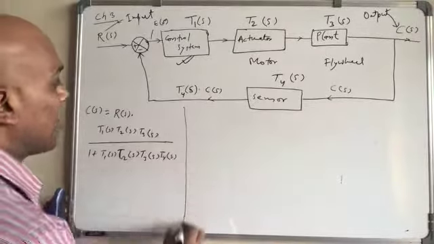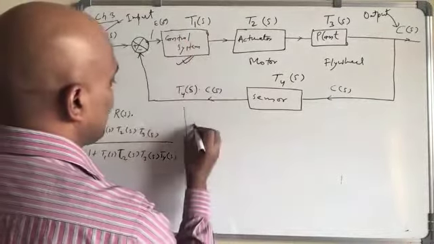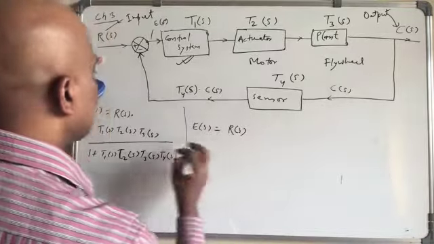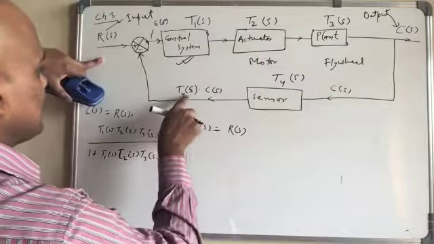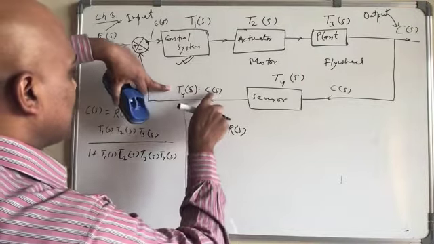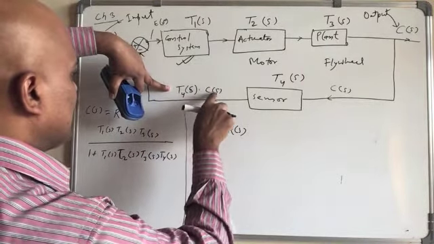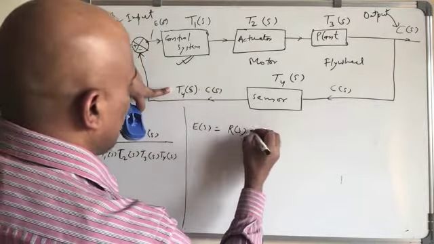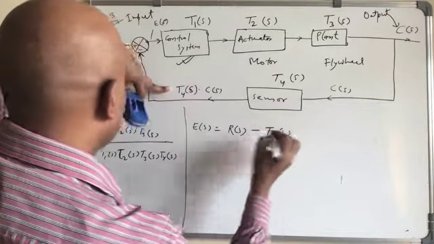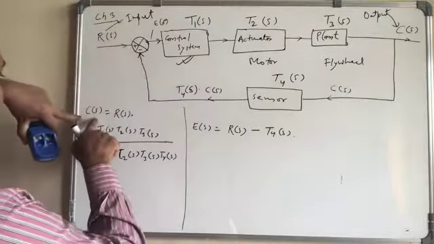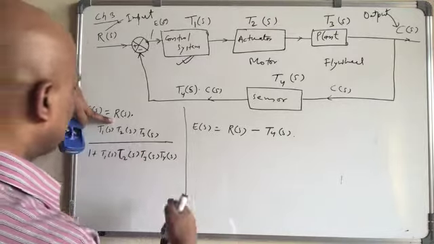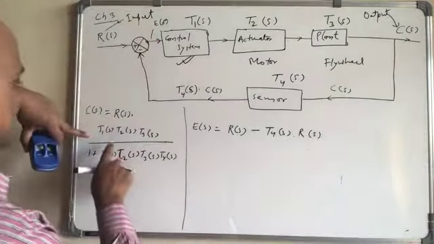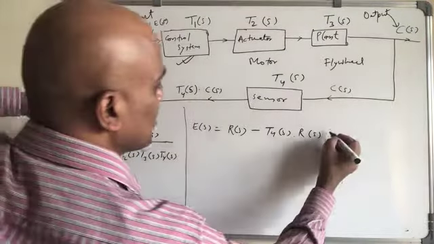Now we have to find out ES. Let us say you want to find out ES now. So ES will be equal to RS, right, minus T4 S multiplied by CS, right? So RS minus T4 S multiplied by CS, and CS is this one. So what we have? We have RS, okay, and then we have T1, T2, T3.